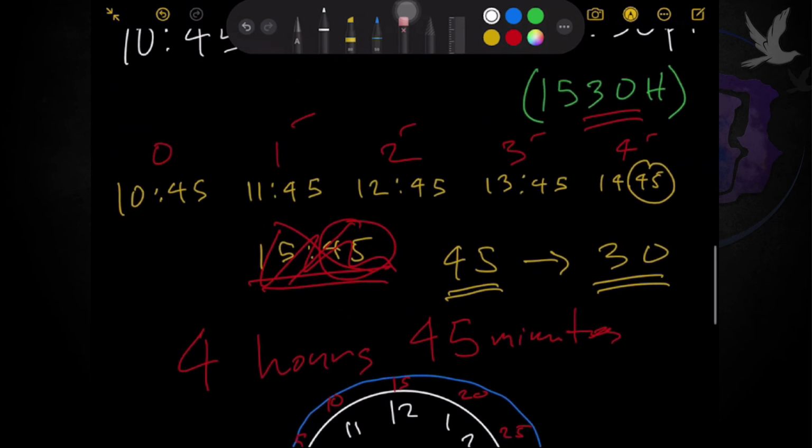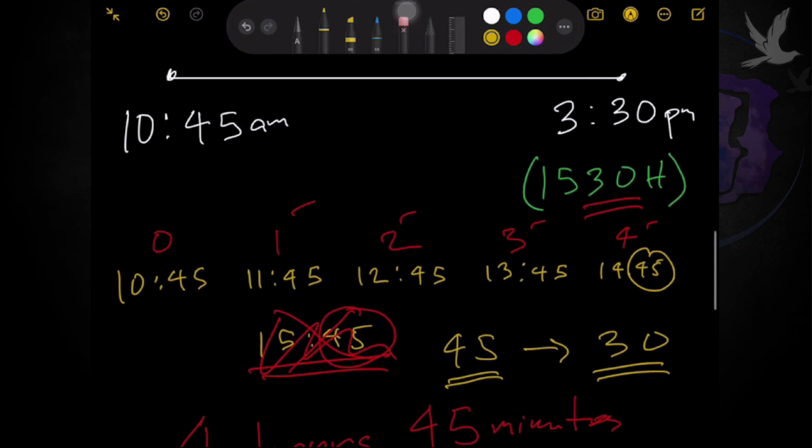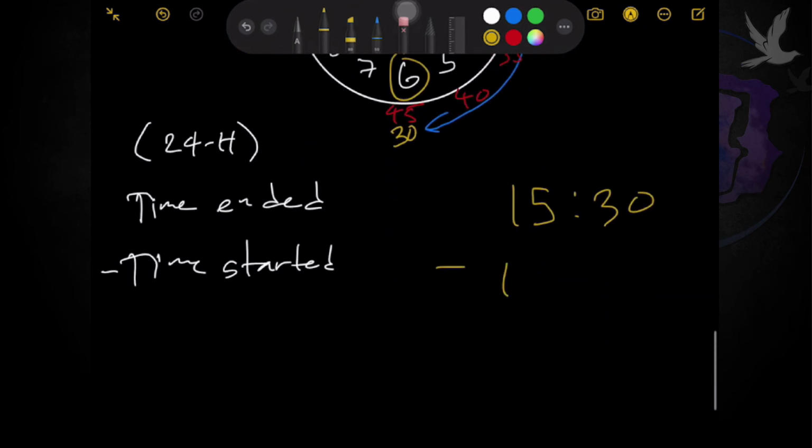Time ended natin is in 15:30. Sulatin ko pa rin yung ganitong way of writing. Yung may colon. This is just to separate. So we have 15:30 ang ating time ended minus time started natin which is 10:45.